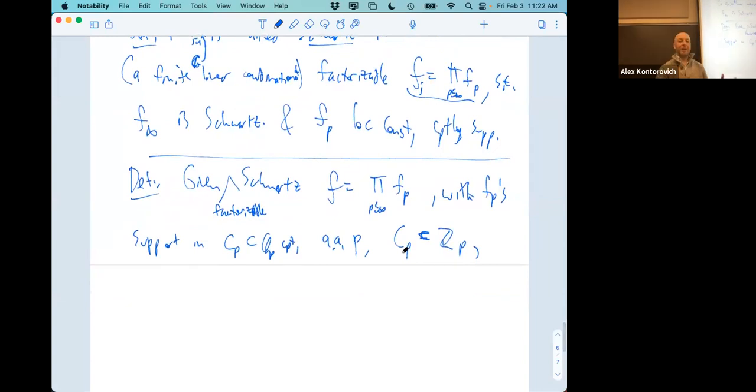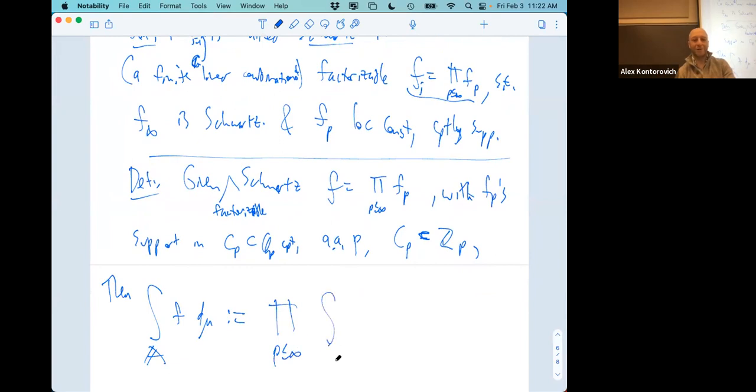So what I want is that eventually this C_p is contained in Z_p. Then the definition of the integral of f dμ over the adeles is a product over p's less than or equal to infinity of the integral over Q_p of f_p(x_p) dx_p.